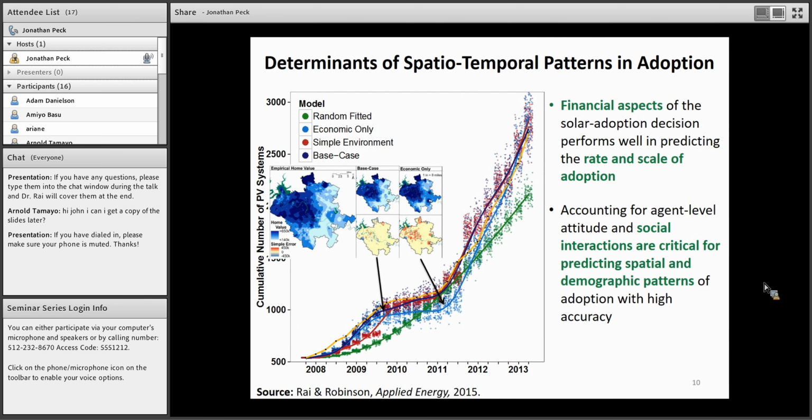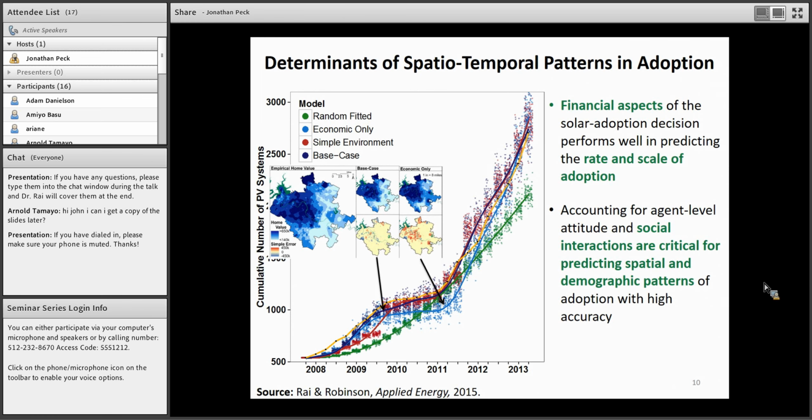And that you can see in the two yellow geographical charts. The one that is below, the base case scenario, which includes the social effects, has very few red spots. The more red it is, the more error it has compared to the actual empirical scenario, what actually played out.